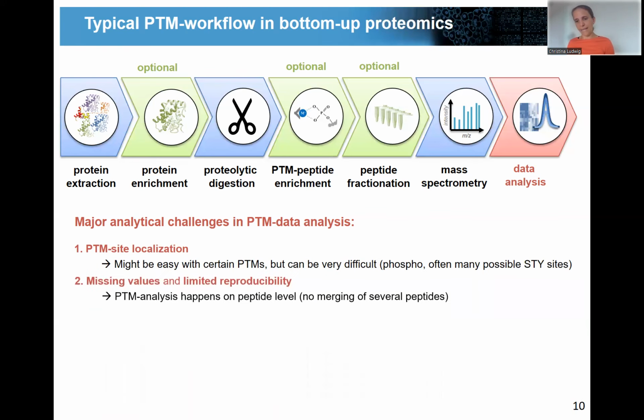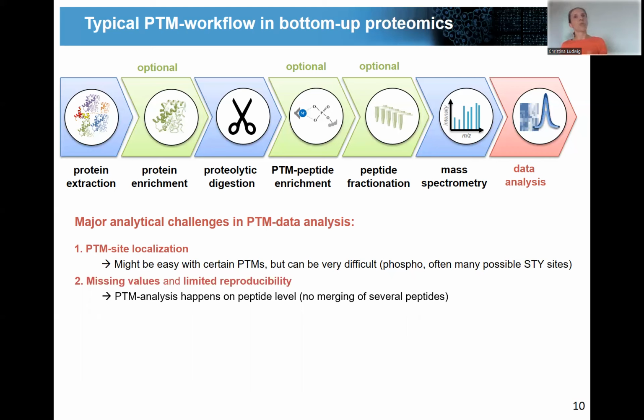Exactly. So another major challenge in PTM proteomics are missing values and limited reproducibility. When we want to quantify or identify proteins in bottom-up proteomics, we are usually in this luxury position that we detect very often several peptides of a given protein.